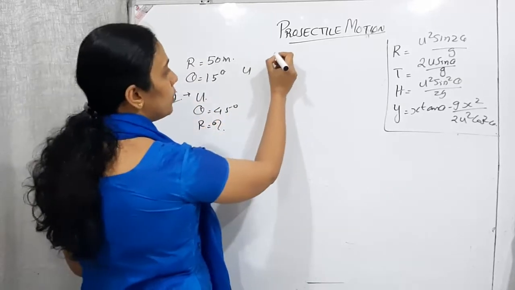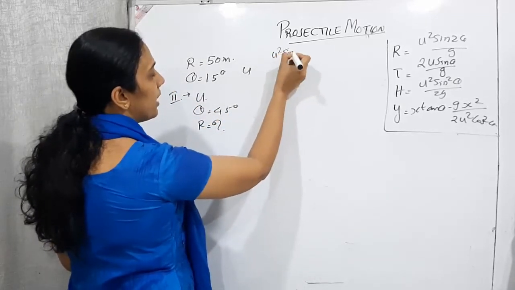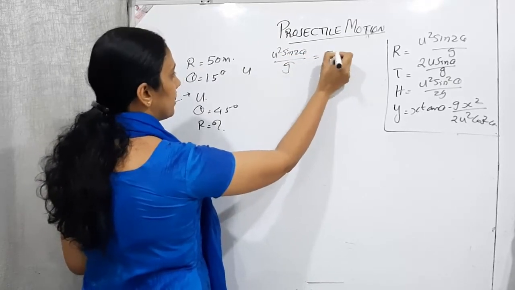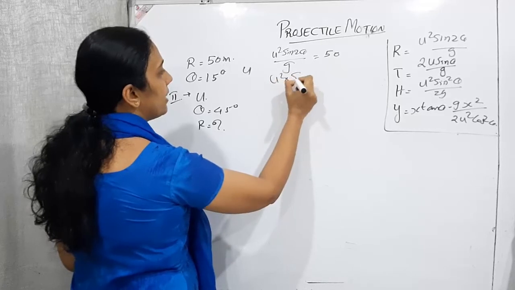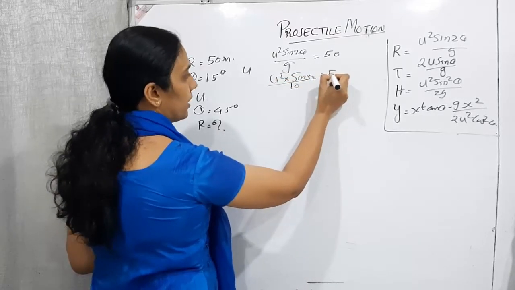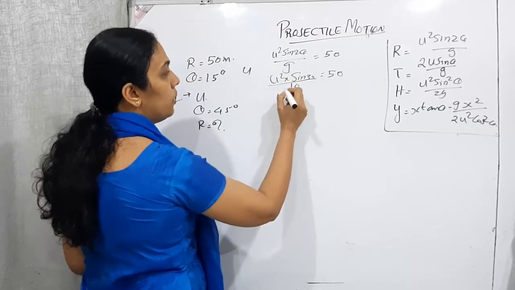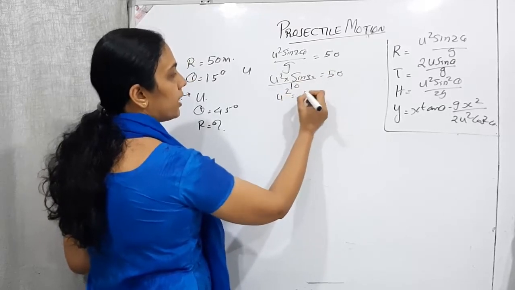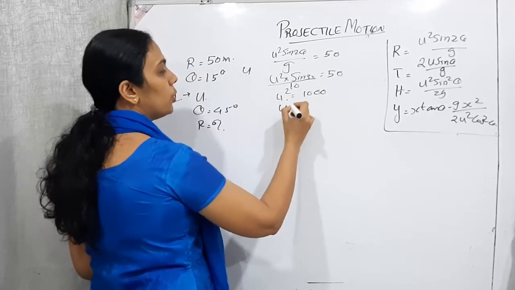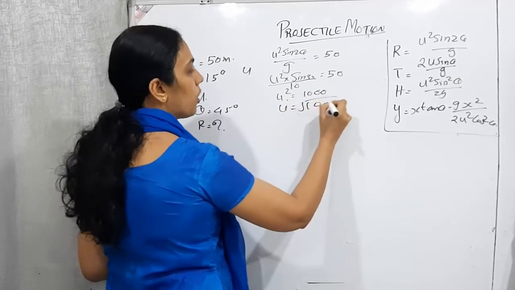So u square sine 2 theta divided by g is equal to 50 meter. So u square sine 30 divided by 10 equals 50. Sine 30 is 1 by 2. Therefore, u square will be equal to 1000.